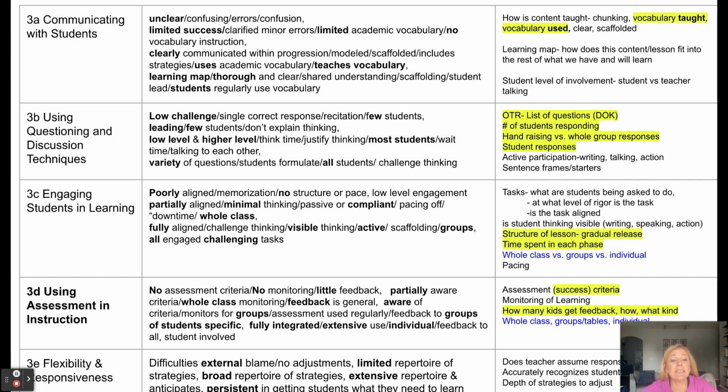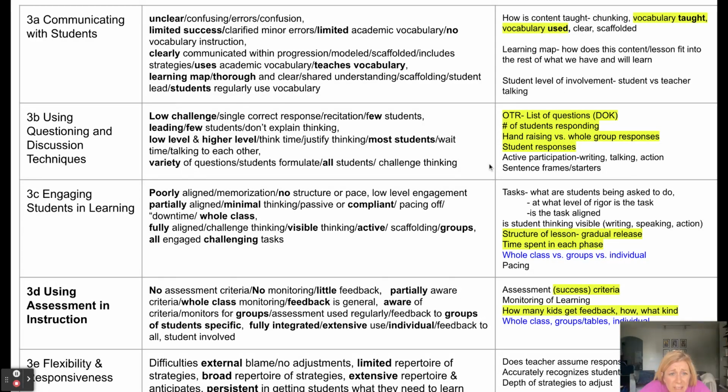And so here's an example of what I would be focusing in on right now in Waverly or at Dawes in domain 3. I really am looking for the vocabulary that's taught and the vocabulary that's used. And I'm also interested in how often students are using the academic vocabulary during a lesson.